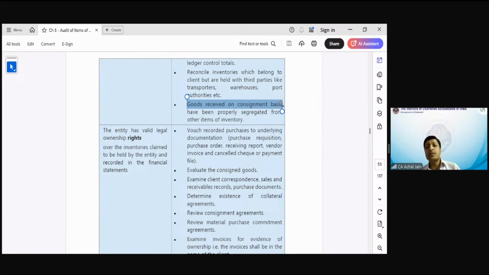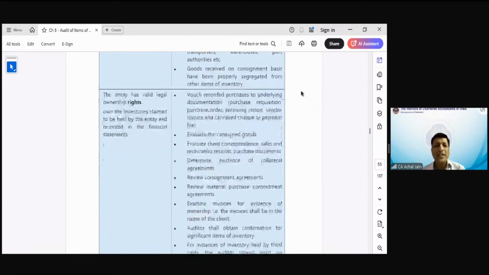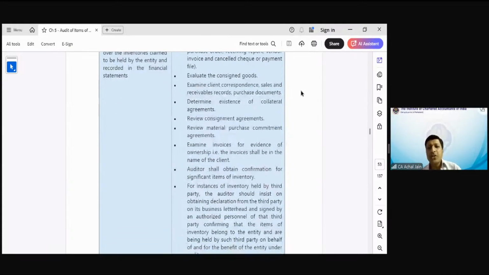If there is a question mark on that, the problem will arise in how the conclusions are drawn and how the reporting is required to be done in such a case. Okay, clear? Yeah. Okay.